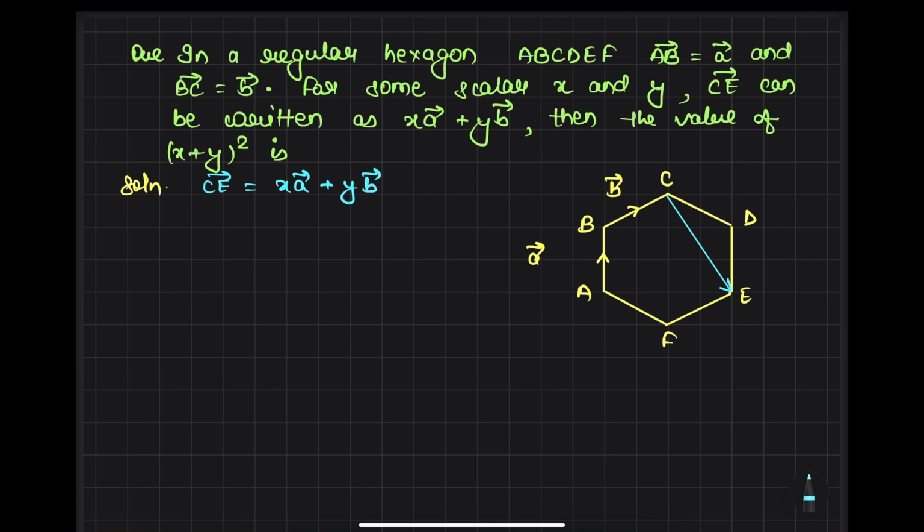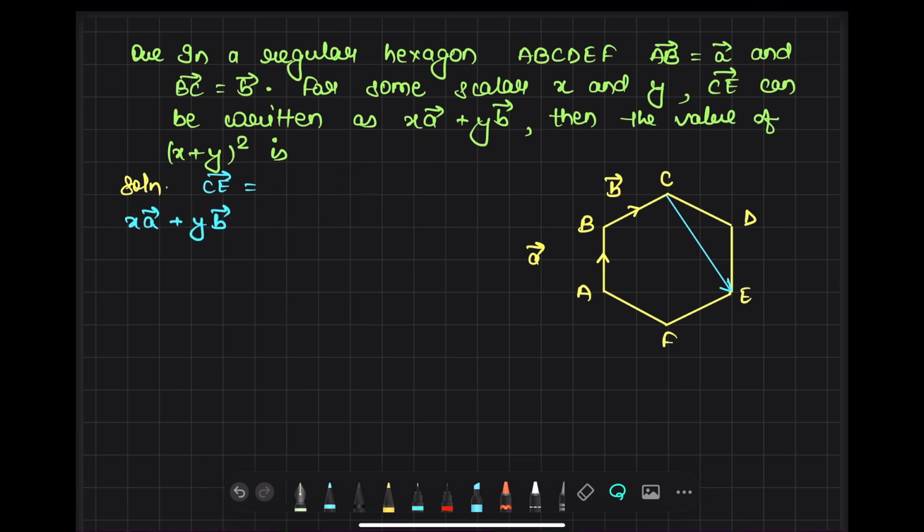Okay, then you need to find out (x plus y) whole square. So before finding this, we need to find out the values of x and y. Suppose that we need to crack who is CE. So we will put this thing on the left hand side.